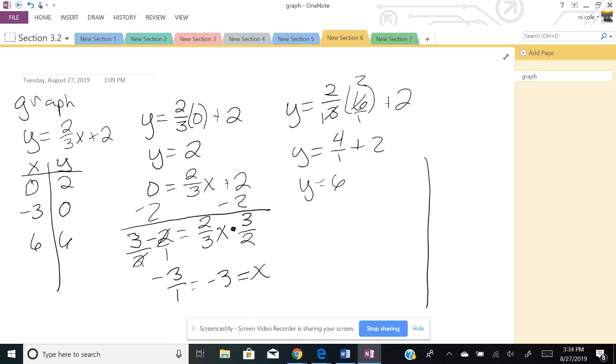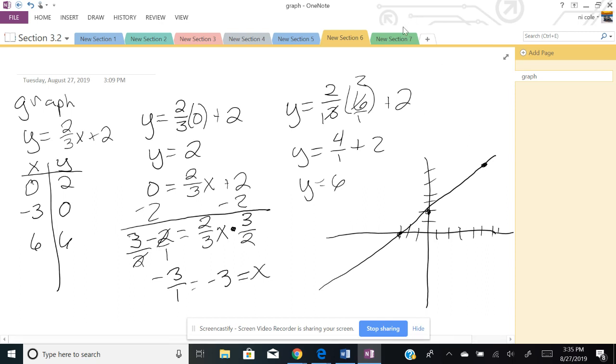All right, so you can come in, check your points. So you got the point 0, 2, -3, 0, and then you got 2, 4, 6. Do they connect? Yes. So all's good.